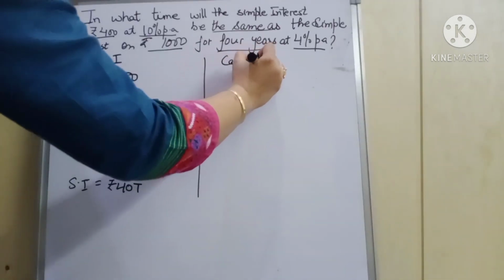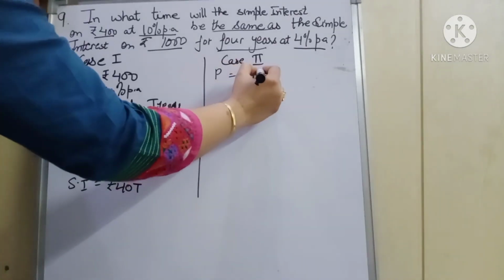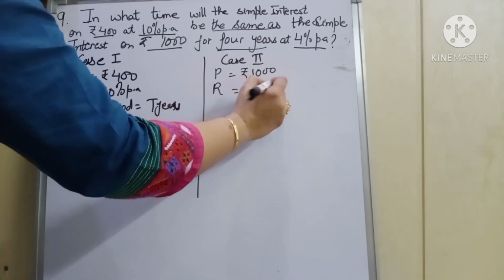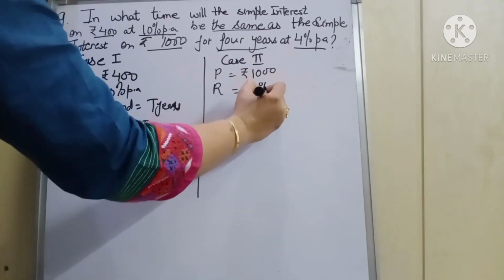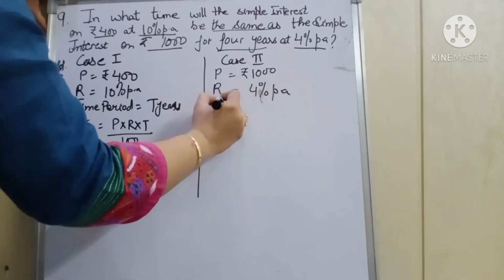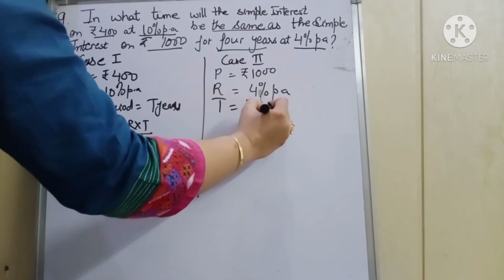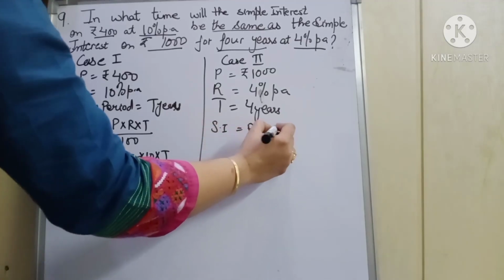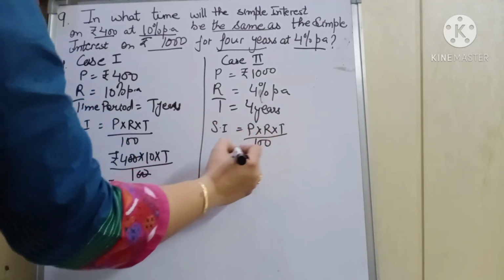In case 2, principal 1000, rate of interest 4% per annum, time period 4 years. Simple interest, same formula, P into R into T by 100.